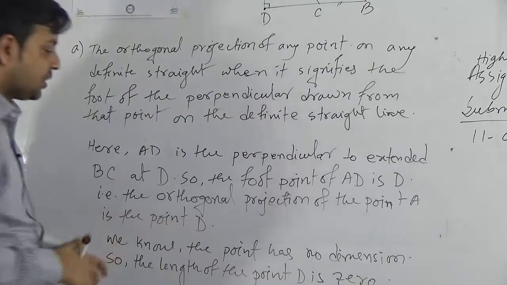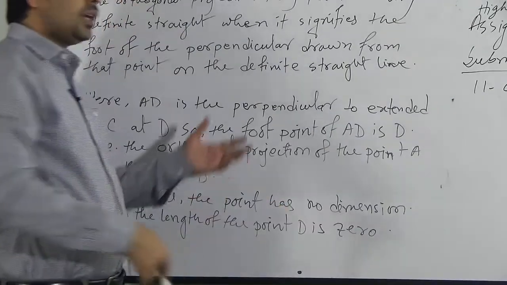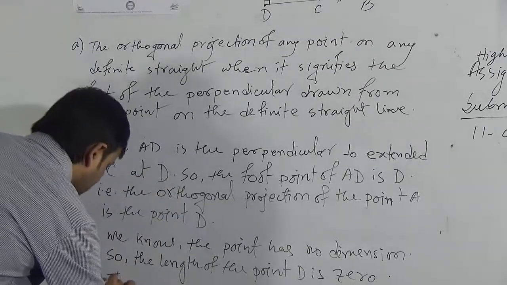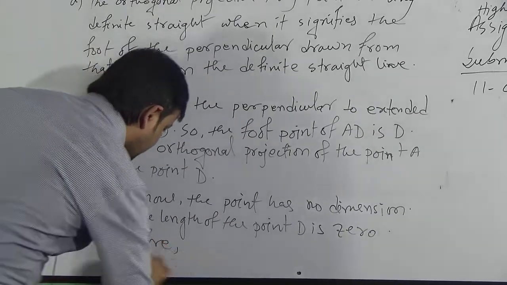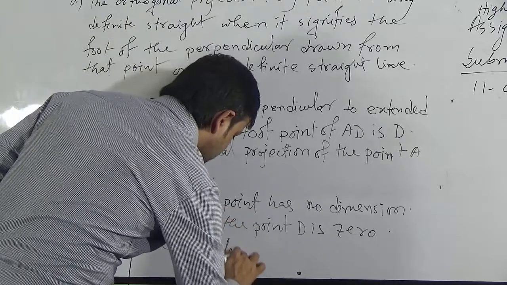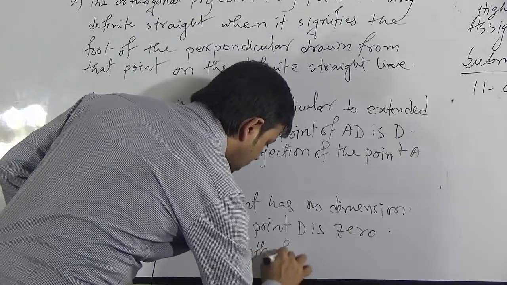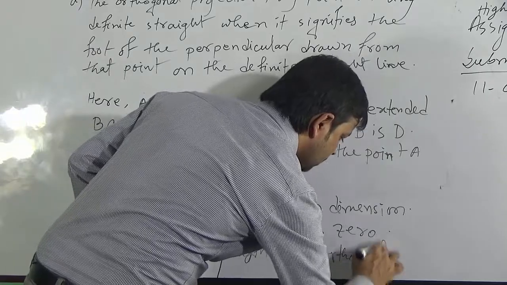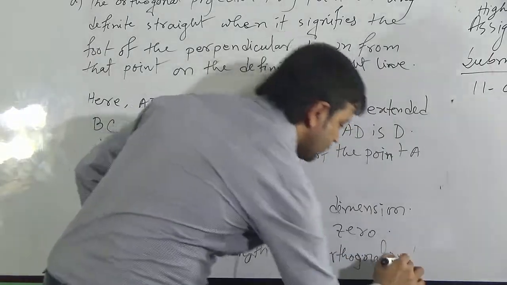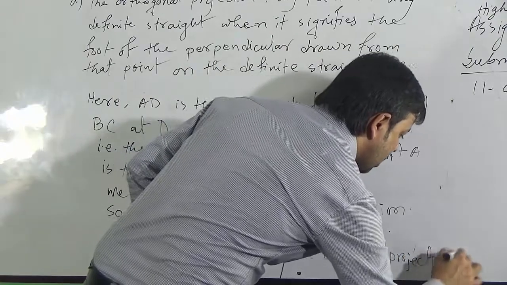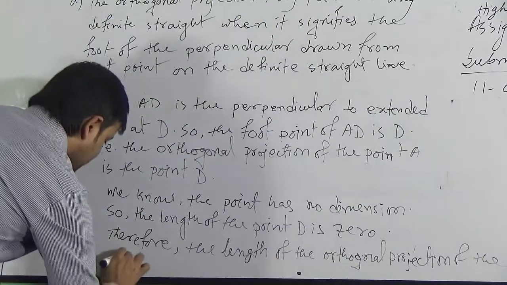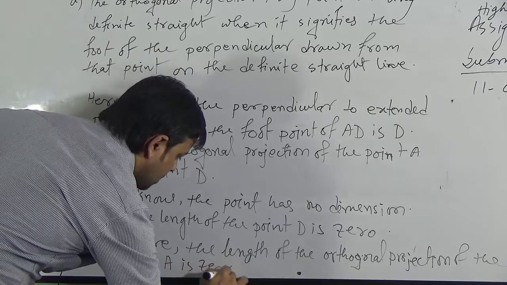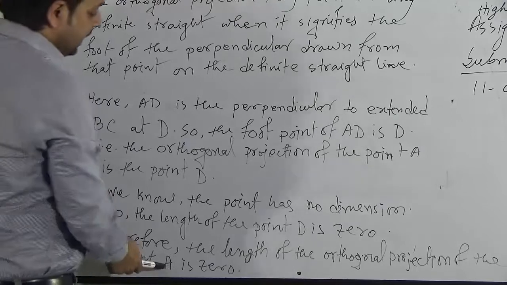As D is the orthogonal projection of A and its length is 0, therefore the length of the orthogonal projection of the point A is 0.